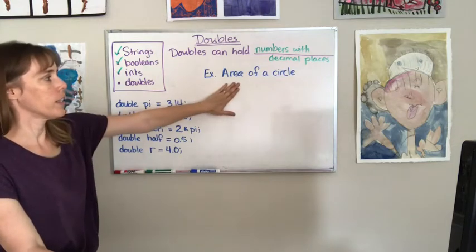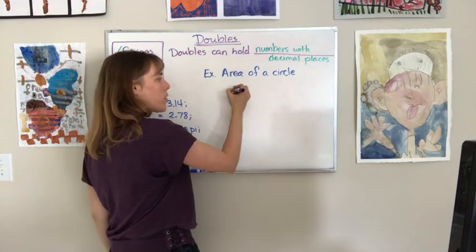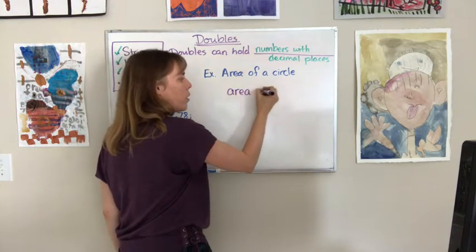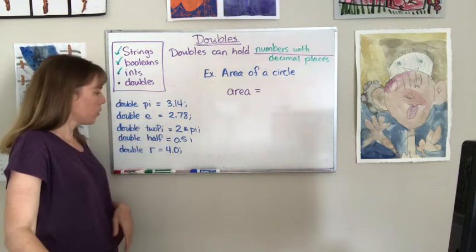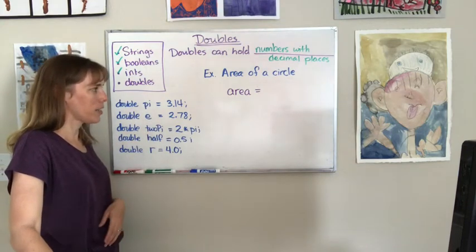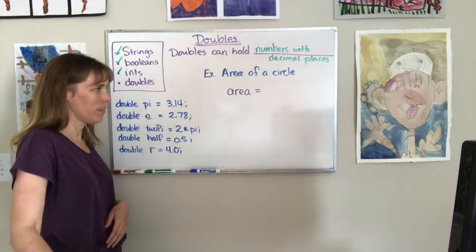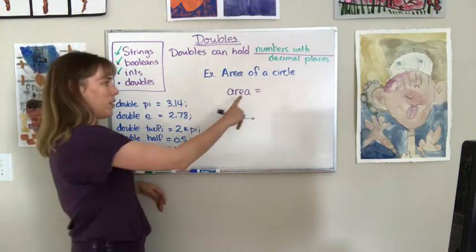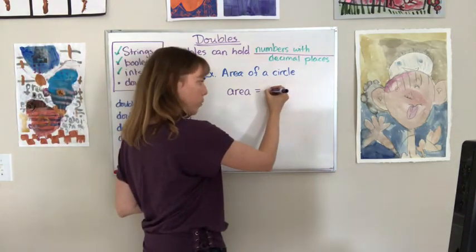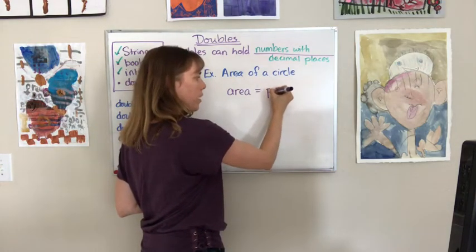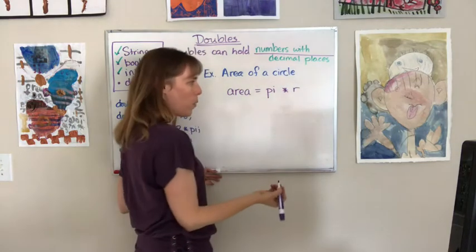The first thing I'd like you to do is to write the area of a circle. So you say area equals, and how would you write that with these variables? Go ahead and pause, take a second, and write that down. All right, so area equals pi r squared. So pi times r, wait a minute.